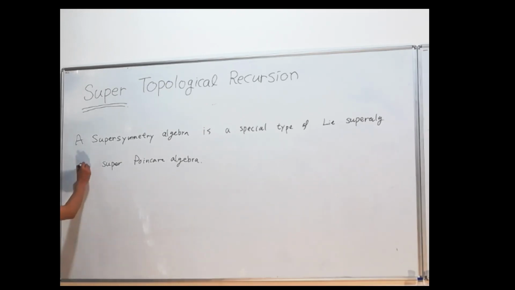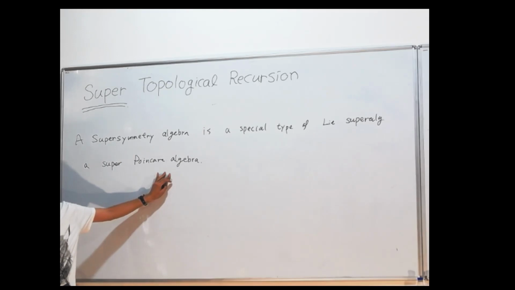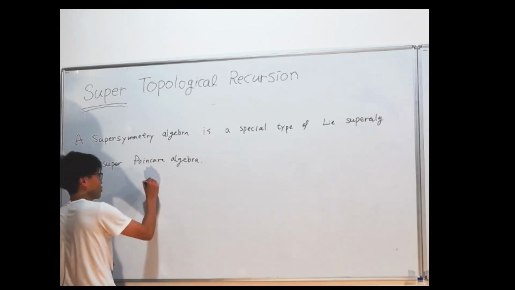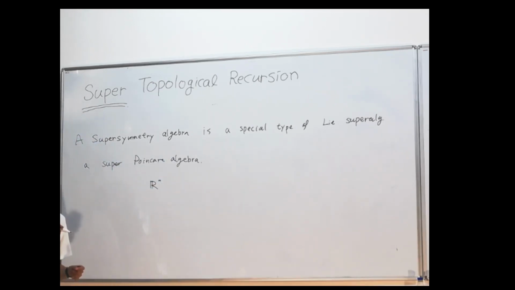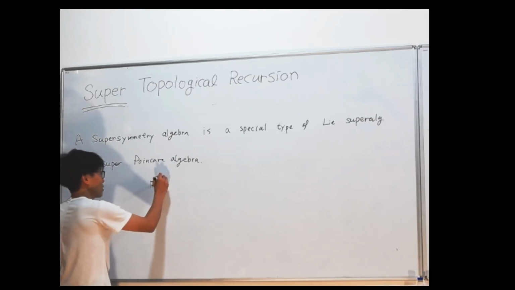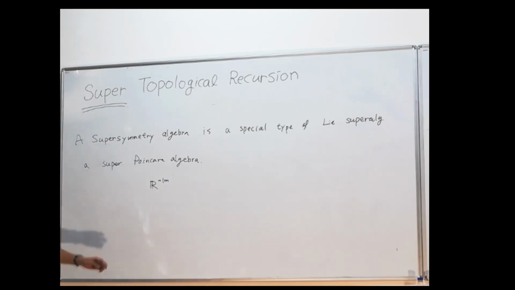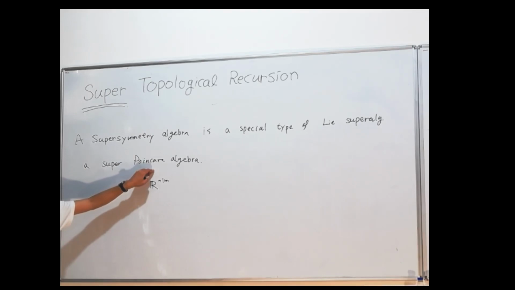Given the super Poincare algebra, which comes from the Poincare algebra, which is just the isometry group of spacetime, you can think about what kind of supersymmetry algebra you can build from it. And the extension is not unique, so you can have many super Poincare algebras from a specific one.